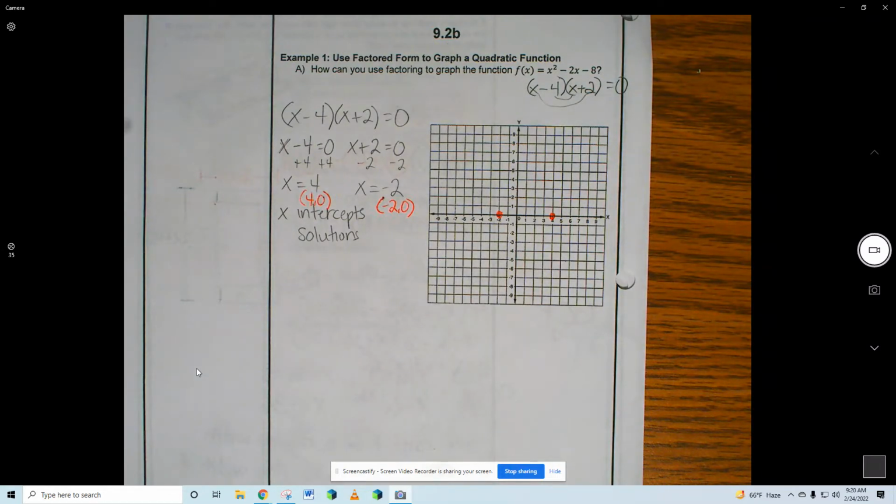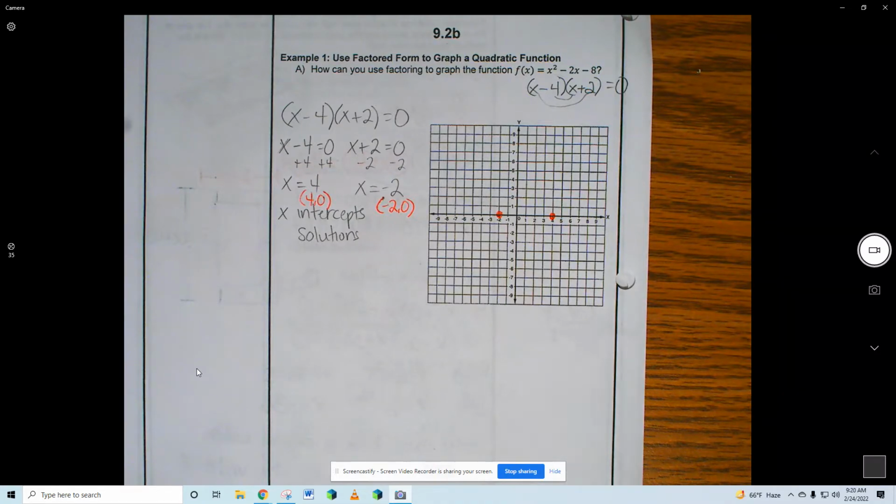This isn't very much because I just have these two dots. I don't know what the shape of it is. I don't know how far down this parabola goes. So what do I need to find out if I want to know the shape of this parabola? What other piece of information is important in a parabola? The y-intercept is important. Y-intercept means if you plug in 0 for x.